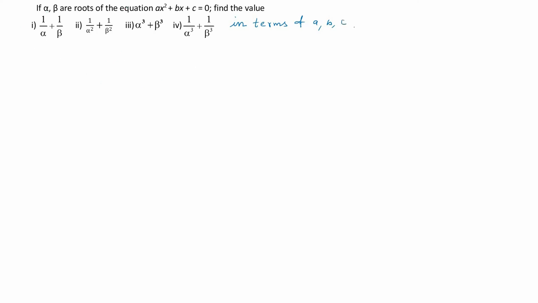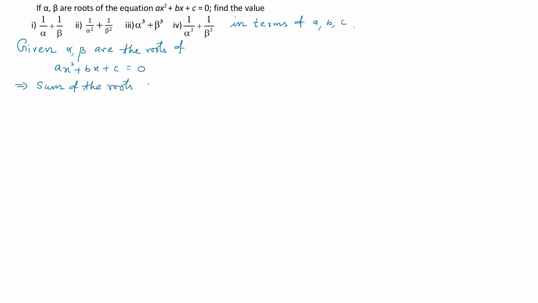So remember, whenever we have roots in the equation, we always have to use the sum of the roots and product of the roots condition. So we are given alpha comma beta are the roots of ax square plus bx plus c equals to 0, a quadratic equation in standard form, which implies that we can write the sum of the roots and product of the roots condition.